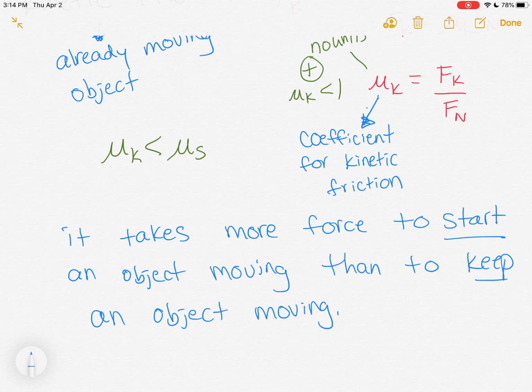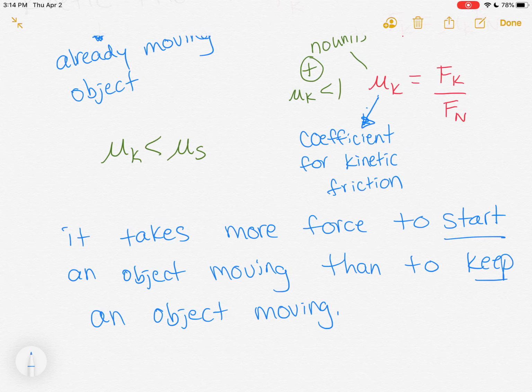And you may have actually experienced this in your regular life. Maybe your car has broken down and you have to start pushing your car. If you stand on the back of your car and push, it takes a lot of force to get your car to start moving. But once you have the car wheels moving and turning, the force that you need to push on it with to keep it moving is less.